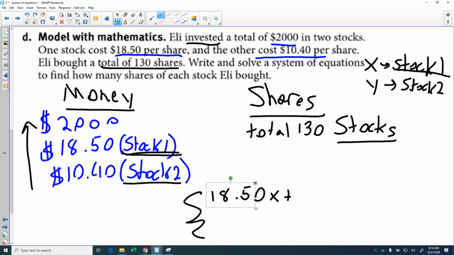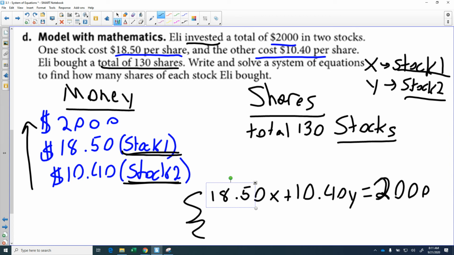Next, we go over here. We have $10.40 per stock two. Well, once again, stock two, that's our Y value. So we're going to add $10.40Y, and that's going to be equal to our total, which was $2,000 spent.